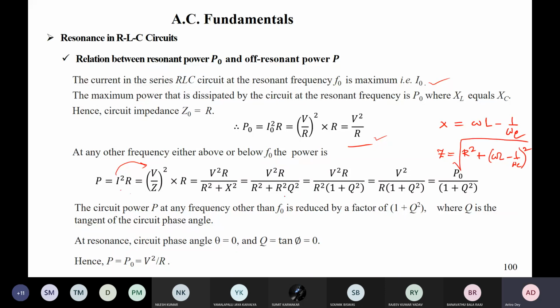So now if we write it here, what is our Q? Q is equal to Q0, which is equal to omega 0 L by R, that is equal to 1 by omega 0 C R. Or what is equal to your usual Q apart from resonance?